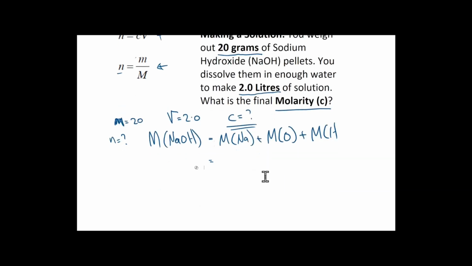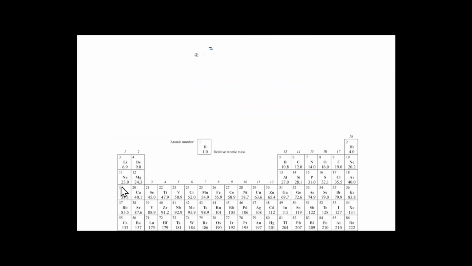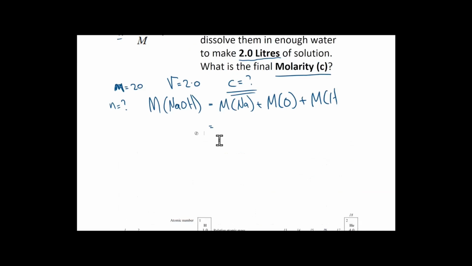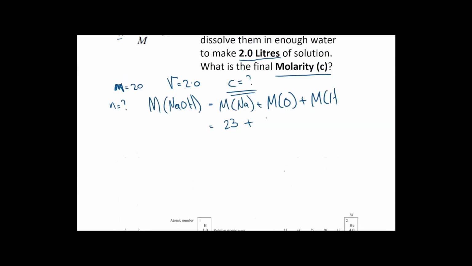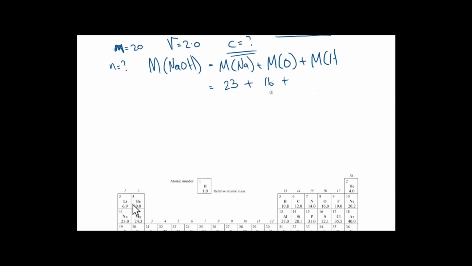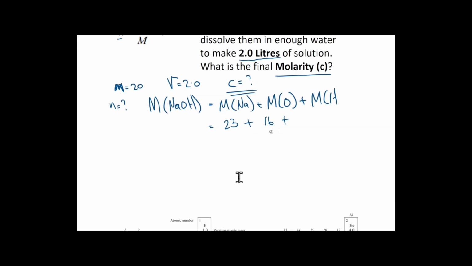So the molar mass of sodium, if we grab our periodic table, is 23, plus the molar mass of oxygen is 16, plus the molar mass of hydrogen is 1. Should be a bracket there, plus 1.